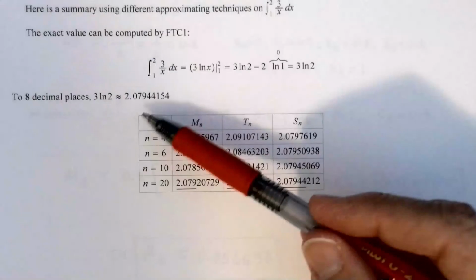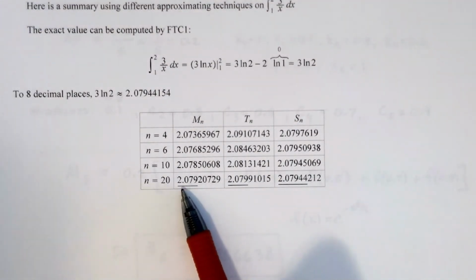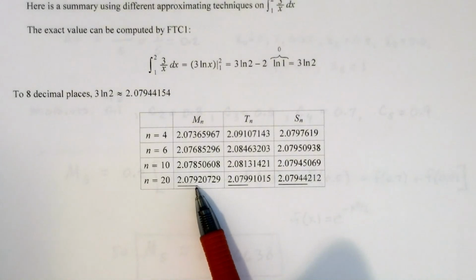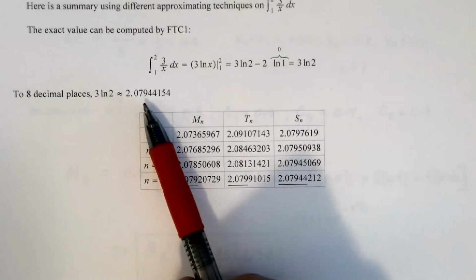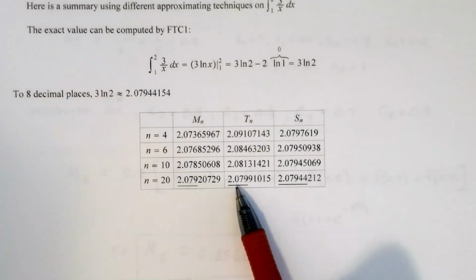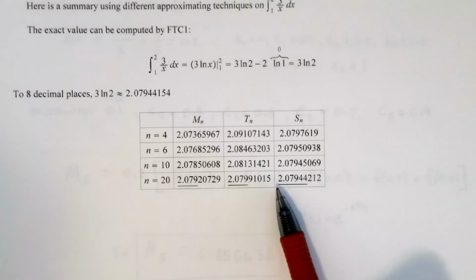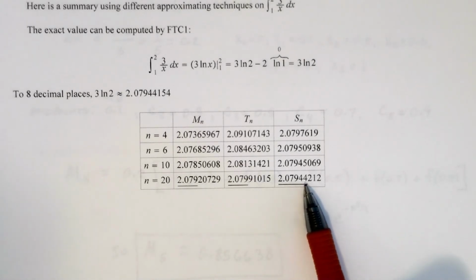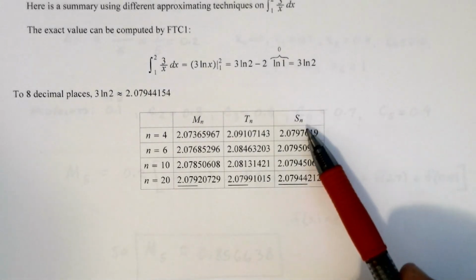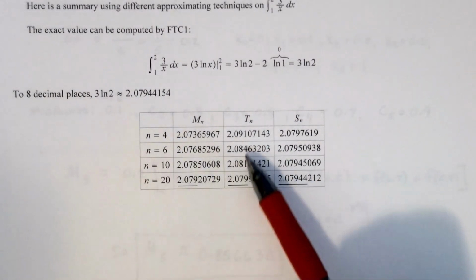And here's the exact value. By the time I get to n equal 20, the midpoint rule is accurate to the third decimal place. Right, see that? Accurate to the third decimal place. Then we get a 2 here, and we're off. For trapezoid rule, accurate to third decimal place. For Simpsons rule, notice we're accurate to the 5th decimal place. So again, as I was saying, the Simpsons rule generally will converge more rapidly to the actual value than the trapezoid rule.